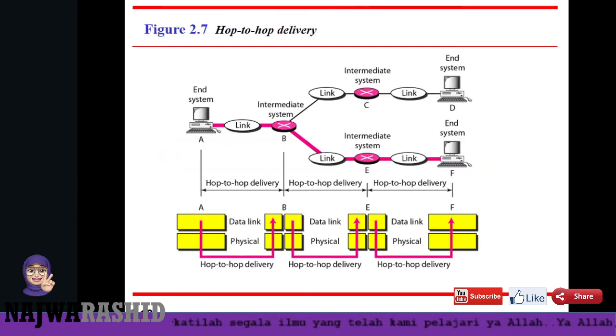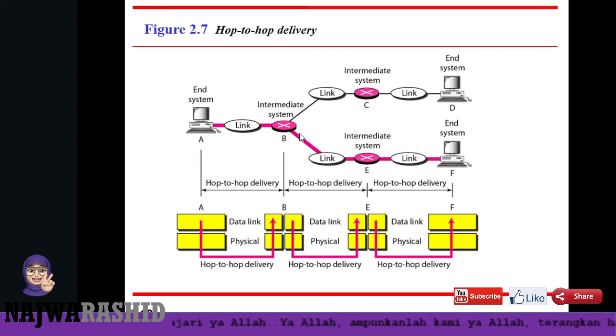Okay, this one is hop to hop delivery. Hop to hop delivery means, okay, computer E at this network, and then we have a router here, another network, connected with another network at router E and router C. So hop to hop delivery means from this device to this router.